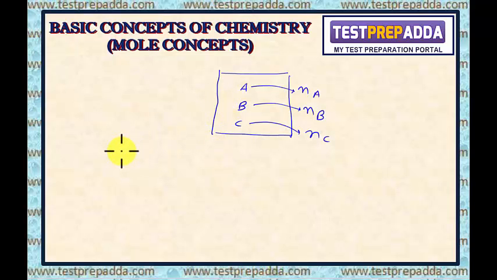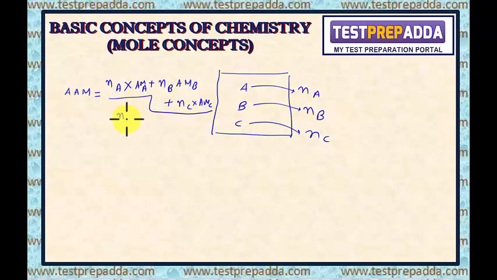So what will be the average atomic mass? The average of the atomic masses will be the number of moles of A into atomic mass of A plus number of moles of B into atomic mass of B plus number of moles of C into atomic mass of C, upon the total number, Na plus Nb plus Nc.